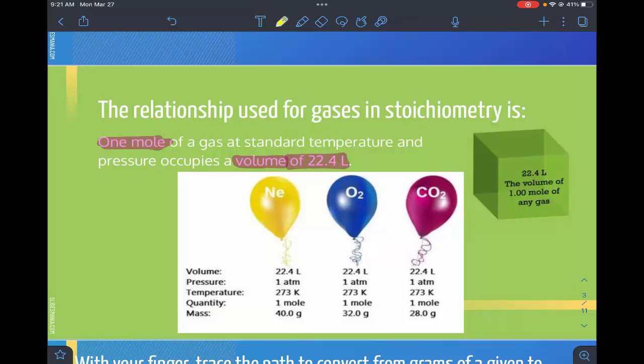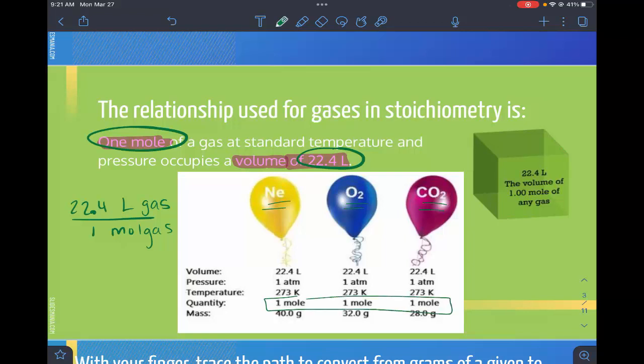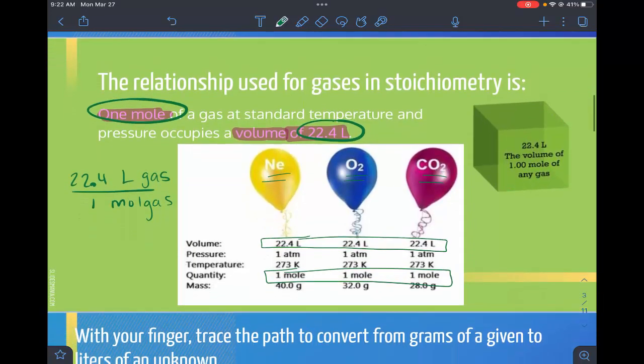So if we have moles of a gas and we're trying to go to liters of a gas, you're going to use 1 mole is 22.4 liters. This picture shows that all of these gases, whether it's neon, oxygen, or carbon dioxide, because all of them are 1 mole, they all have the same volume of 22.4 liters because they're all at the same temperature and pressure. That is the key new idea for this topic.